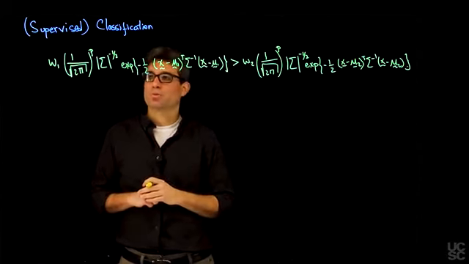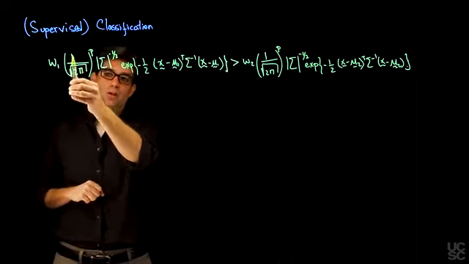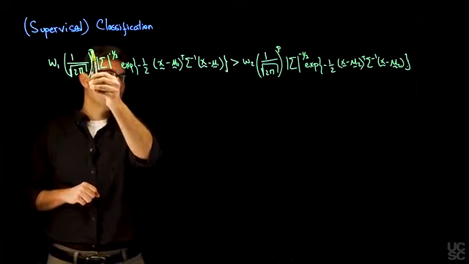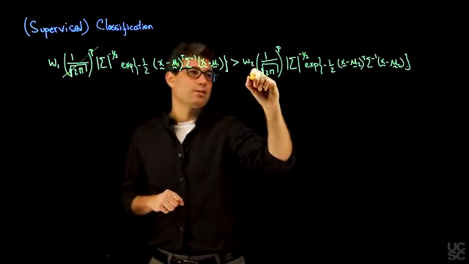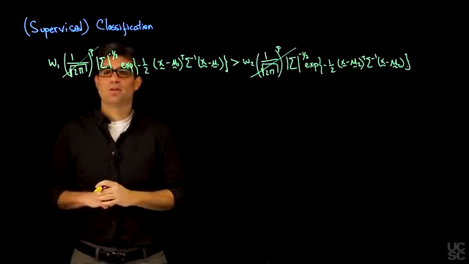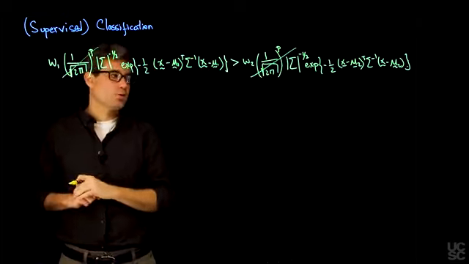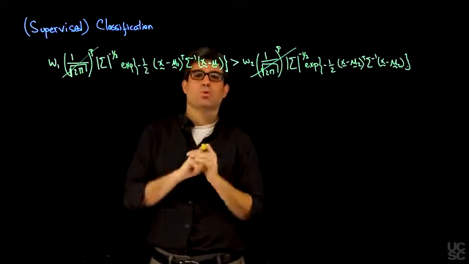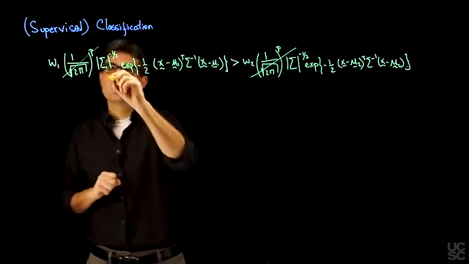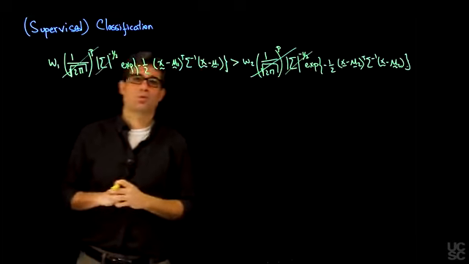And we want to make it much more compact. So a few things that we can observe. So one of them is we have 1 over square root 2 pi to the p on both sides. So we can cancel that. The other thing that we observe is that we have the determinant of the variance-covariance matrix on both sides. And because we're assuming that the two components have the same variance-covariance matrix, we can again just simplify both terms on either side.